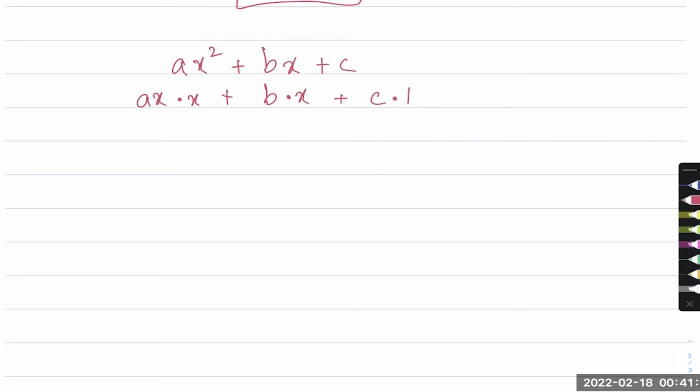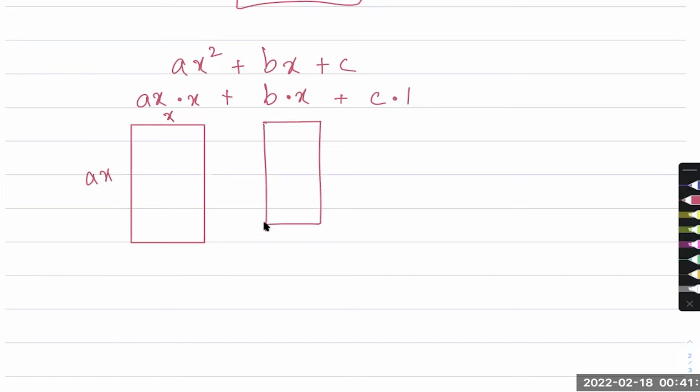So that means I can have a rectangle with one side as x and one side as ax. And I can have another rectangle with one side as b and the other side as x. And the third one is c times 1, right?